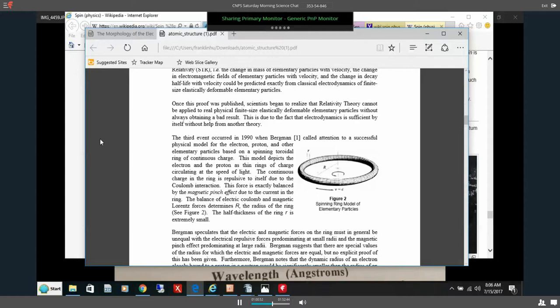And it turns out that Planck's constant can be predicted by the physical properties of the toroidal ring, whereas quantum mechanics cannot predict the value of Planck's constant from electrodynamics.